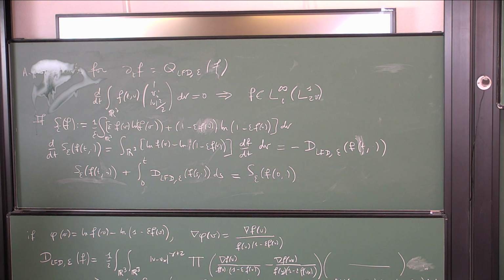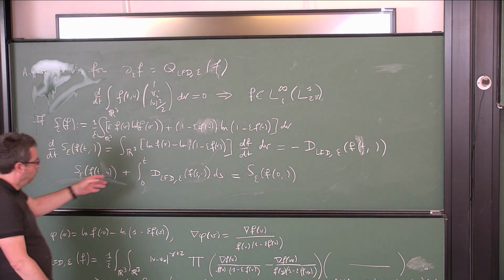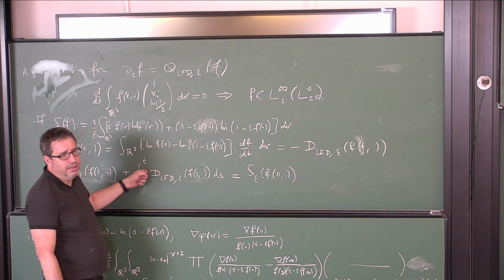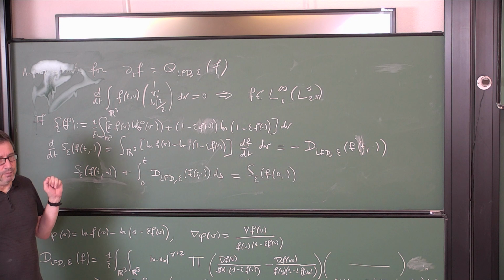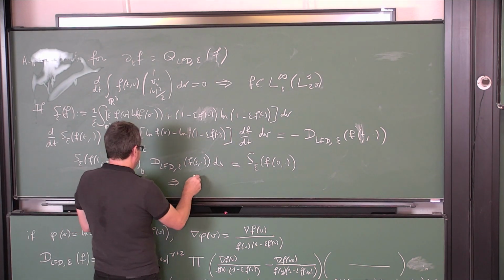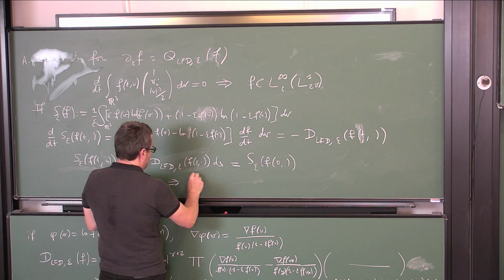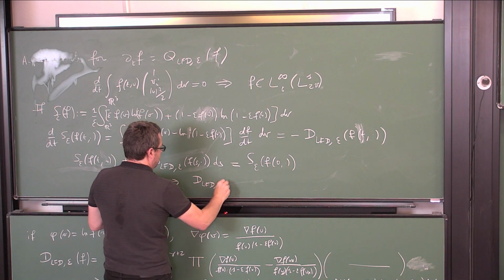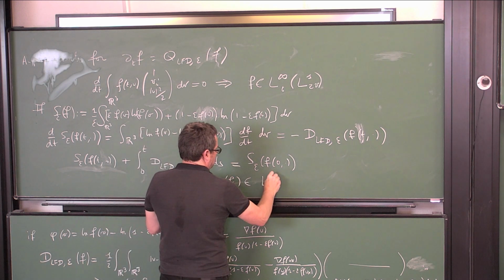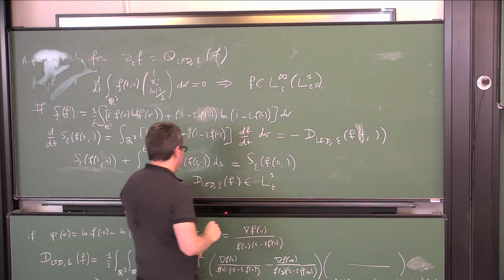So you have the natural entropy estimate, which is that this quantity is typically in L1 in time. This tells you that D, LFD epsilon of F lies in L1 in time.